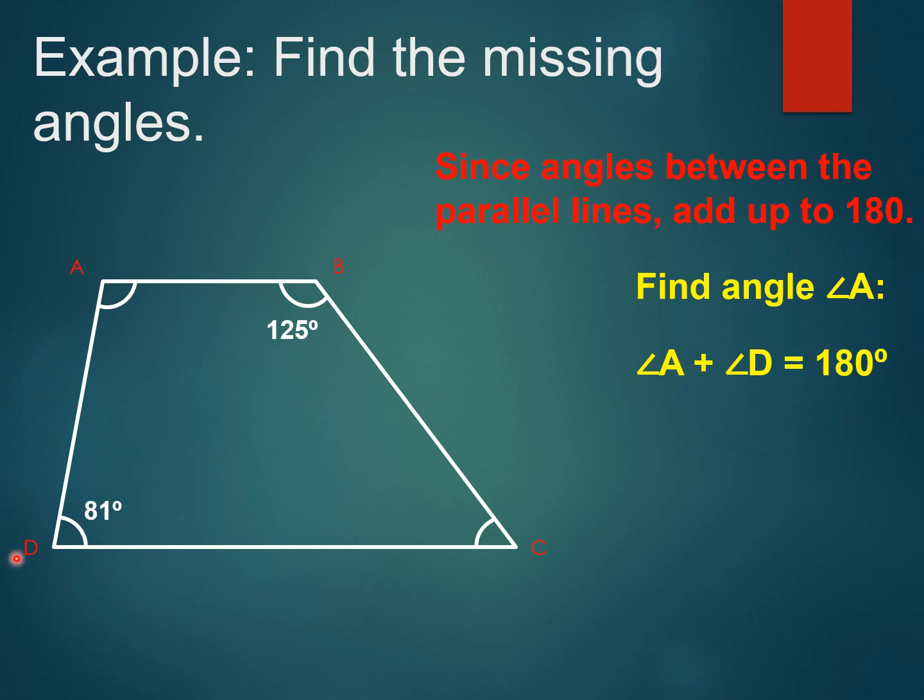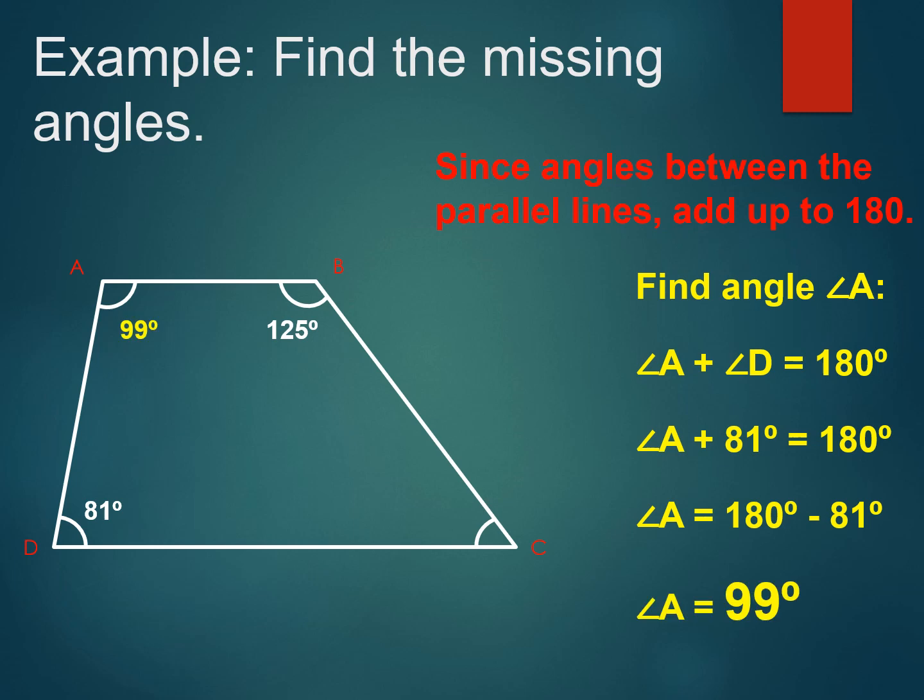Angle D is given as 81 degrees, so we're just going to substitute that to our formula. So it would become angle A plus 81 is equal to 180 degrees. Then we're going to transpose 81 to the other side of the equal sign. So it would become angle A is equal to 180 degrees minus 81 degrees. So we can get the value of angle A, which is 99 degrees.